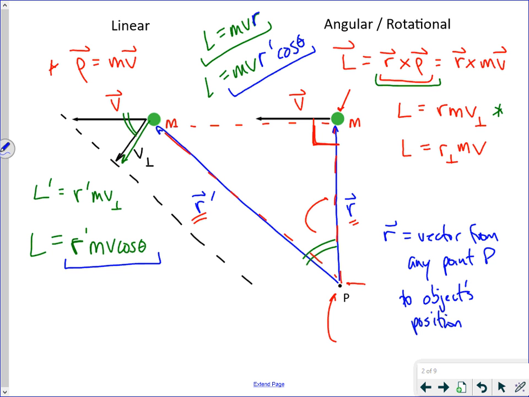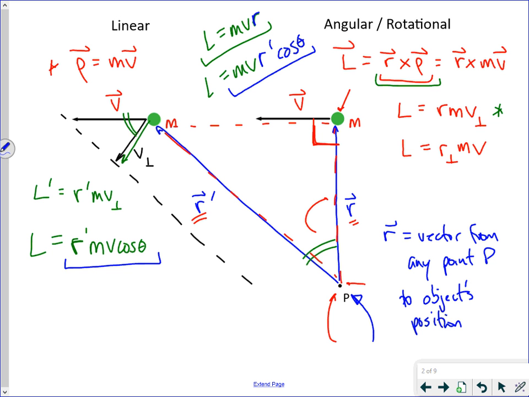What that shows you is something pretty neat: since this object just does what it was doing before, it experiences no net force, maintains a constant velocity, a constant linear momentum, but also, relative to this point, maintains a constant angular momentum.